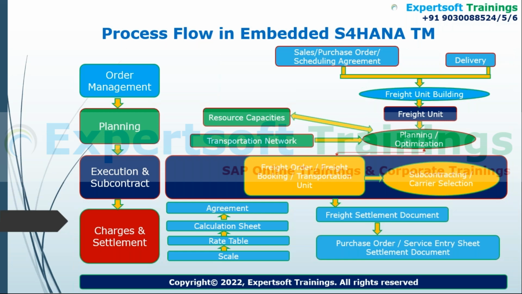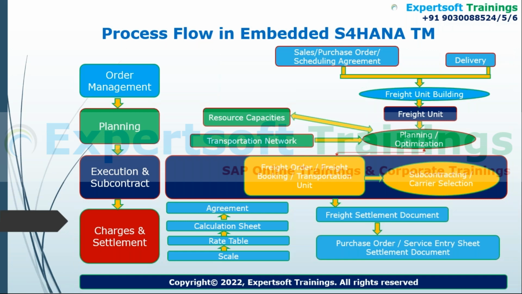Now, there are a few things I need to tell you about the two types of planning when you create a freight unit. I told you yesterday that a freight unit is the output of an order or delivery. If you are planning to create a freight unit from an order, it is called order-based planning. If you are planning to create a freight unit from a delivery, it is called delivery-based.